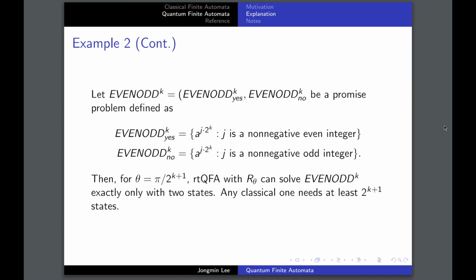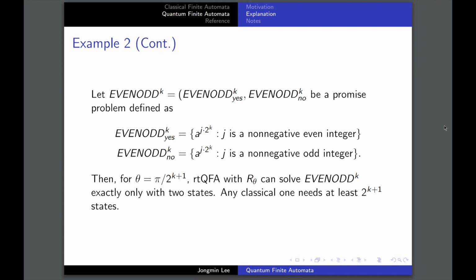Then we define theta as pi over 2 to the k plus 1, and the QFA contains a rotation operator, theta. Then it can solve even odd k with only two states.